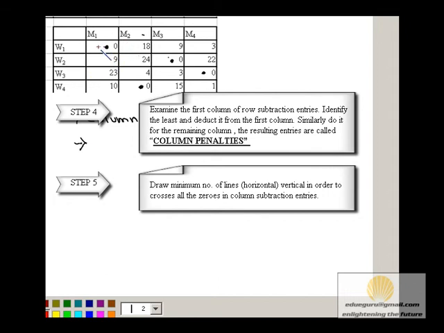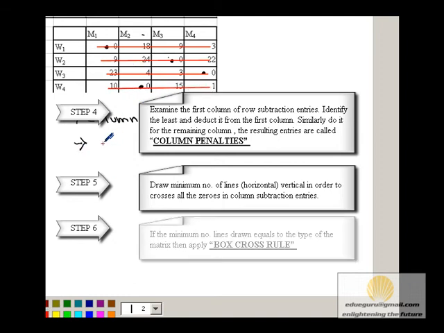Now the next step involved is to cover the zeros with the minimum number of lines. We'll draw lines, horizontal or vertical, so that all the zeros are covered, and we'll count the number of lines. This is important because if the number of lines drawn is equal to your matrix type, which we discussed is 4 here, we'll follow the box cross rule.